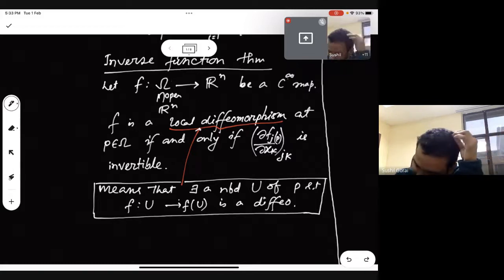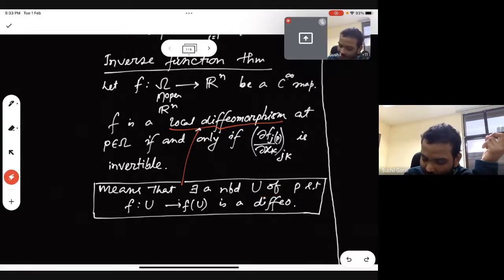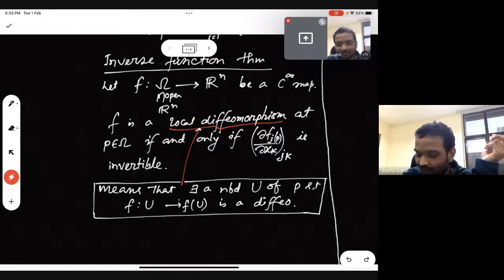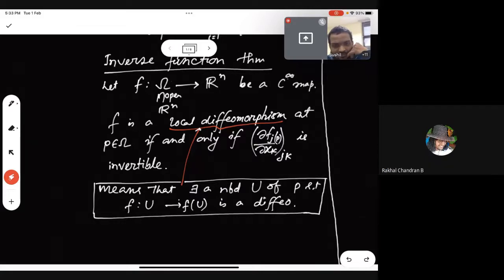Here if you write that there exists a neighborhood U of p and V of f of p such that f from U to V is a diffeomorphism, right? That's what you're concerned about. Technically, I just want to add one sentence to what you wrote, that f of U is open in Rn.